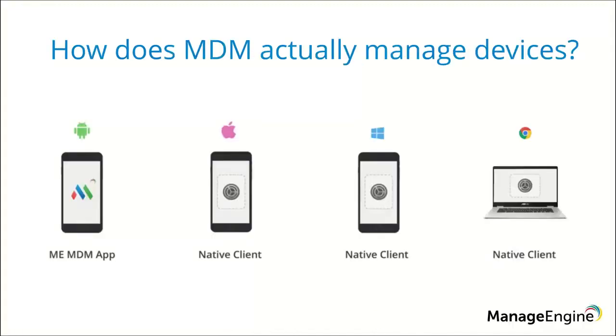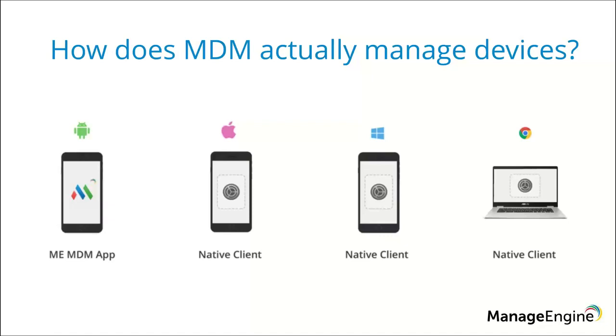And now you might wonder, how does an MDM actually manage the devices? So as we saw in the architecture, the solution also follows the client and server model. So obviously, you need to have an MDM component installed in all the devices you're going to manage. And there are a couple of methods, which is what I'm going to show in today's training. So when it comes to Android, you necessarily need to have the MDM app deployed on the devices.